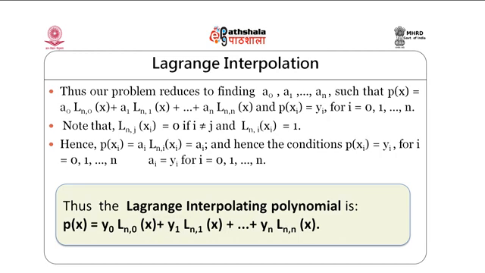Hence the condition P(x_i) equal to y_i for i equal to 0, 1, 2, 3 up to n gives us that a_i will be equal to y_i for all i. Thus, the Lagrange interpolating polynomial is given by P(x) equal to y_0 l_{n,0}(x) plus y_1 l_{n,1}(x) plus up to y_n l_{n,n}(x). So, each of these a_i's is now replaced by y_i's, and that is because of the special form of l_{n,j}.